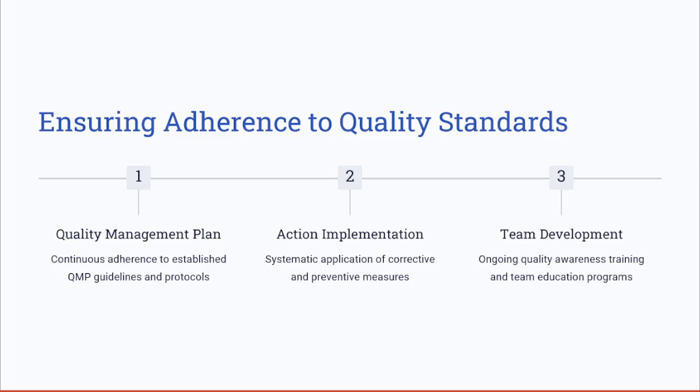So you need to ensure that whatever findings the audits might find, you implement a corrective action and do not just ignore these audits and findings. Also, follow the quality management plan, implement the corrective and preventive actions based on the audit results, and ensure a regular training and awareness program for your teams.